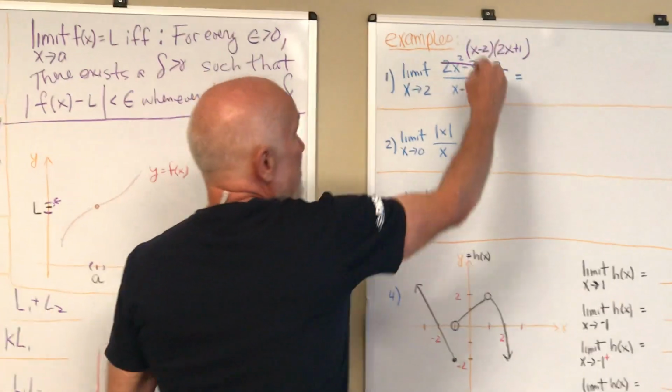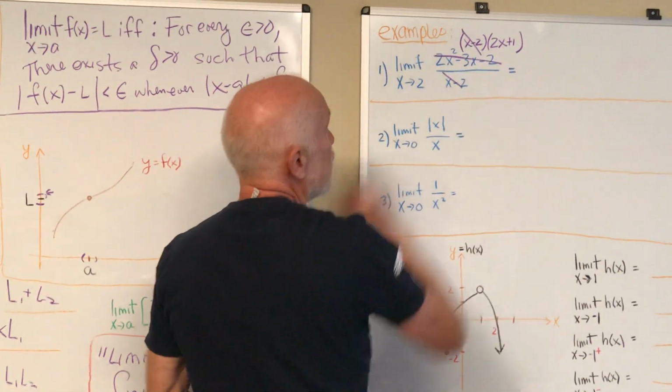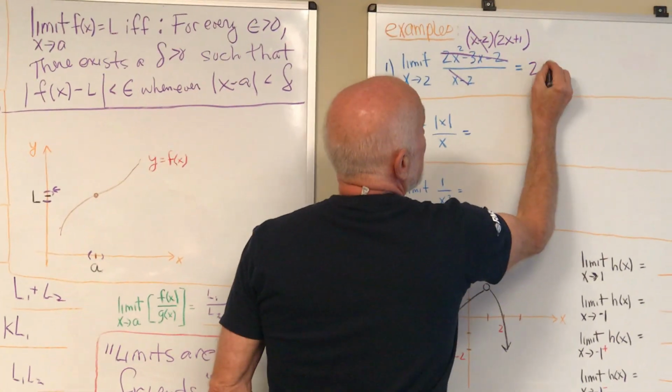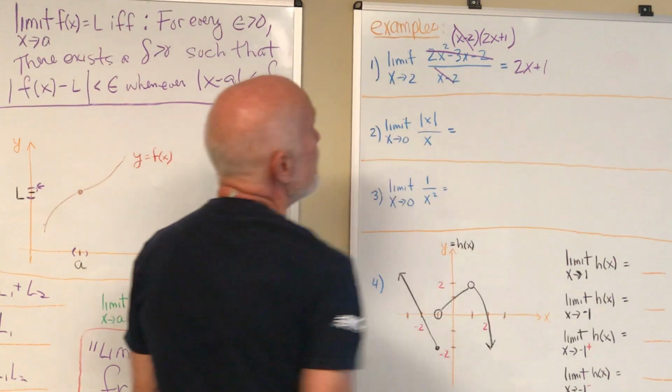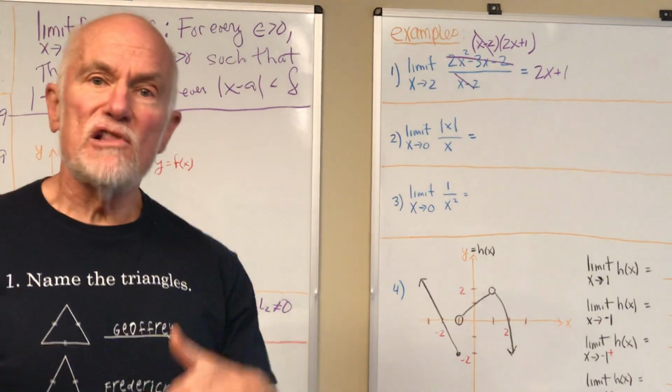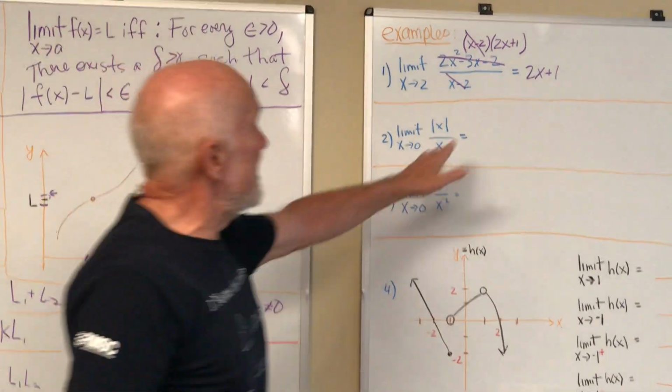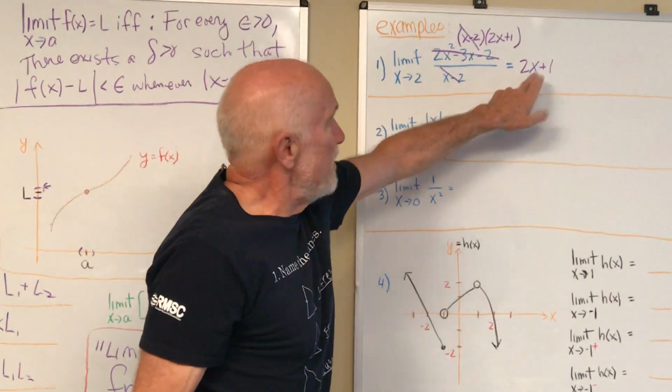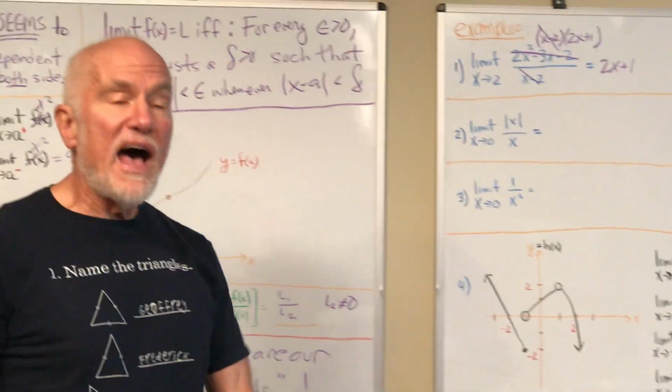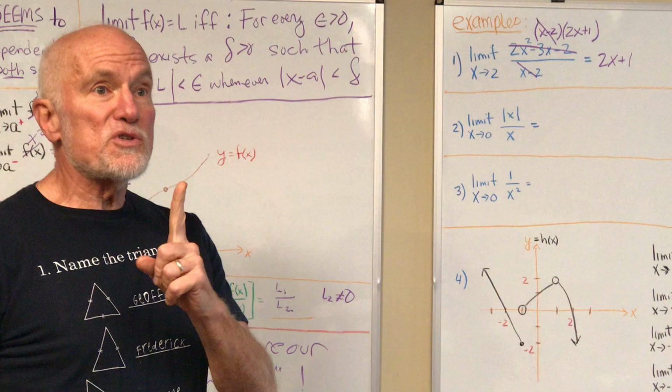And then what happens? This factor cancels with this factor, and you find out that that really complicated looking function is really a much simpler function. It's really just a straight line, with the one exception.